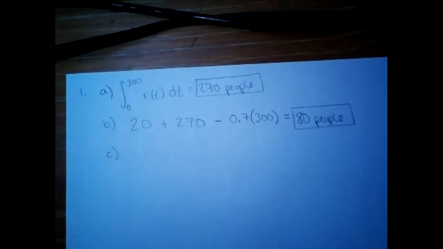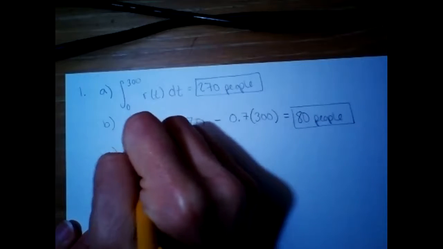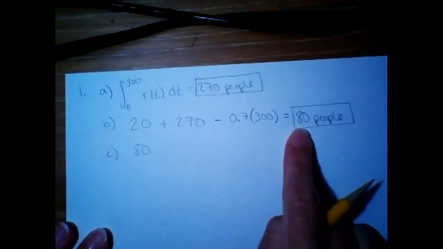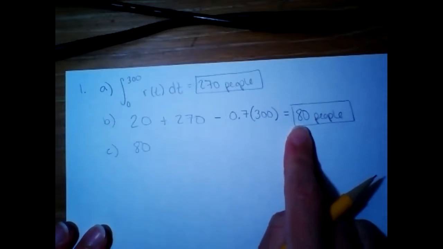Part C says for times greater than 300, what is the first time that there are no people in line for the escalator? We're starting with 80 people in line at time 300. No one else is getting in line, because for times bigger than 300 that rate went to 0.